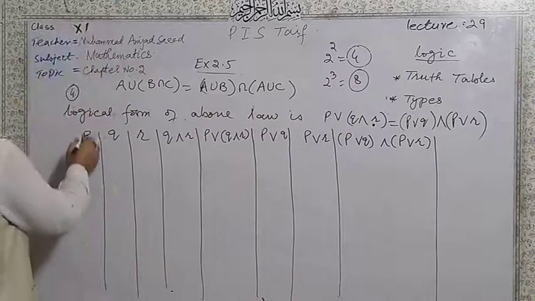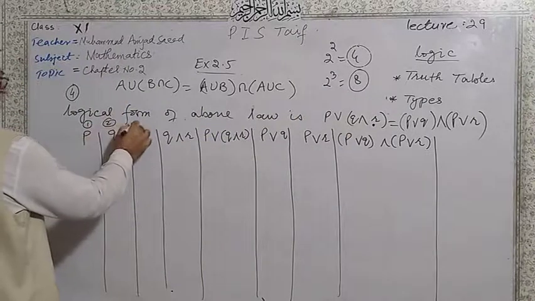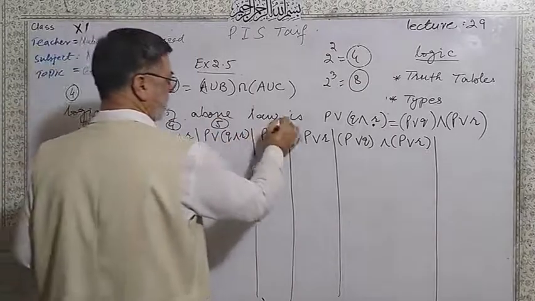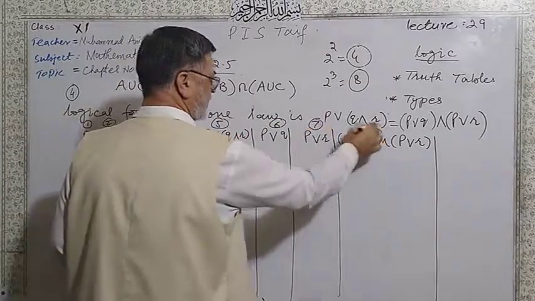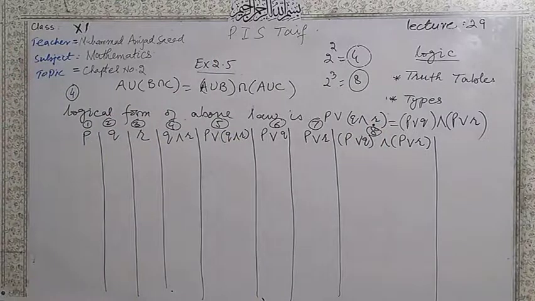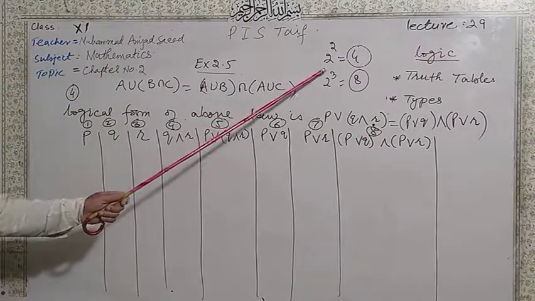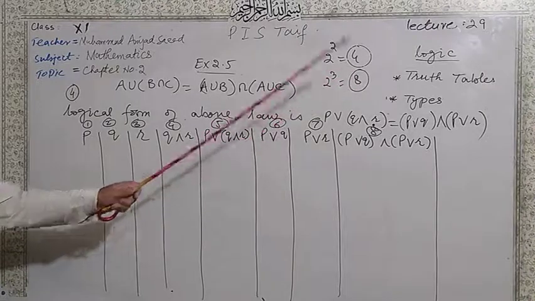This is your column number 1, 2, 3, 4, 5, 6, 7 and 8. There are 3 options, so 2 power 3 is 8.